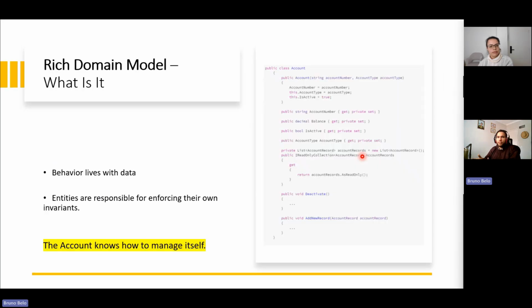Now, when talking about the rich model, right? So what is the difference between the rich model? The main difference is that I'm creating this object that contains behavior and also contains the business rules. So everything that is important to my business to function, to work, I place very close to the entity's definition itself.